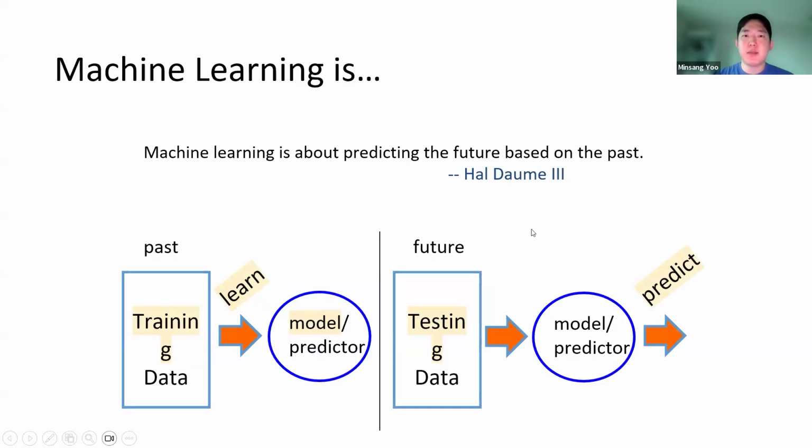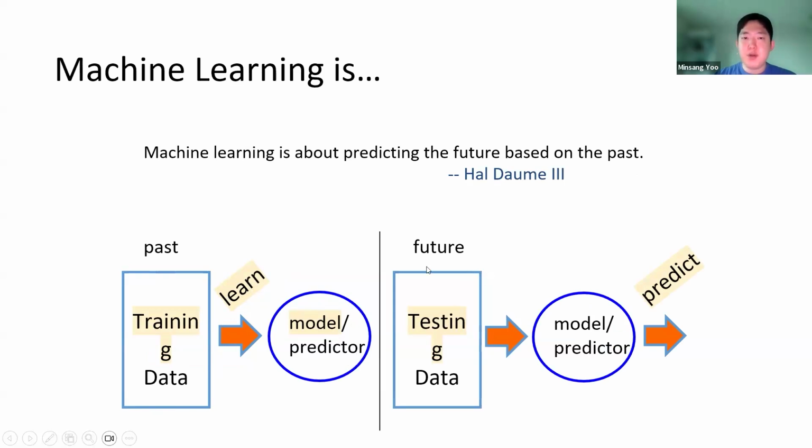So machine learning is about predicting the future based on the past. In the past, we have training data. The machine learns from it and creates a model or predictor.